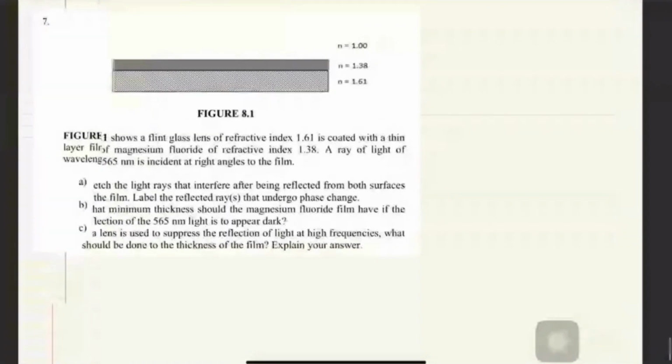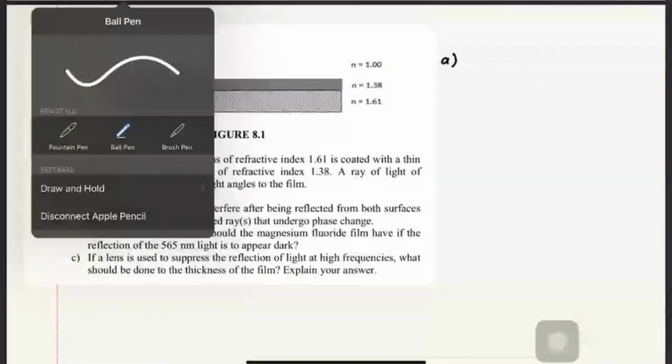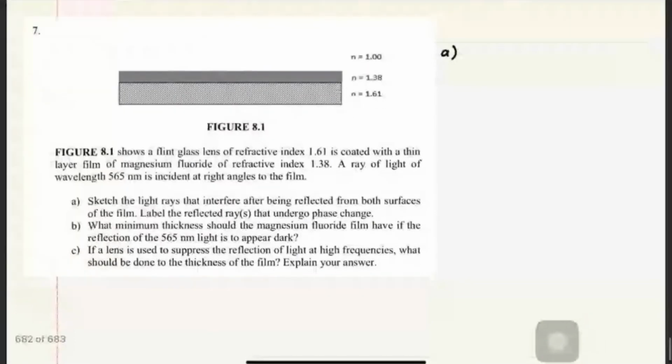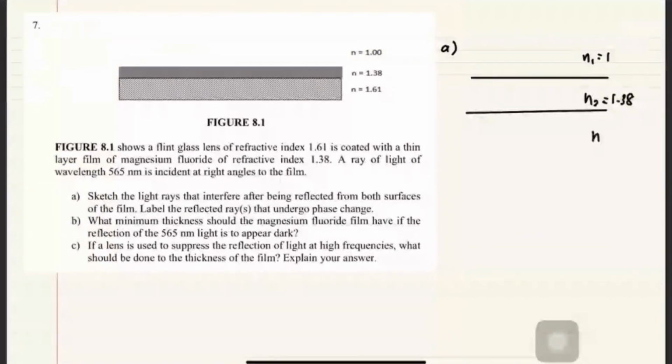Okay, so kalau dapat dalam exam lah soalan macam ni, untuk A tu, lukis balik dia punya diagram tu, lukis 2 line dah cukup. And draw it like this. So this will be your N1, which is 1, N2 1.38, N3 1.61. Nombor dia naik, ini adalah in phase.